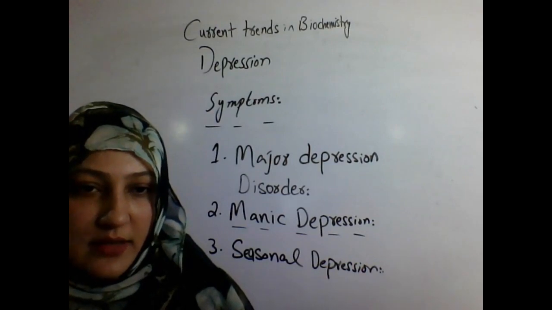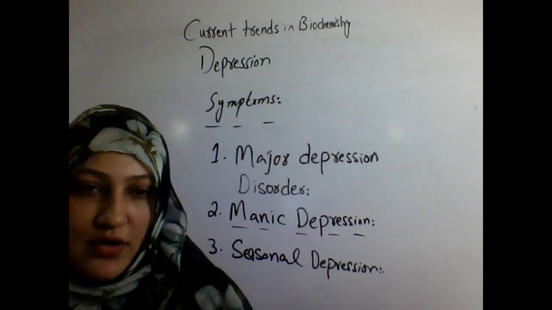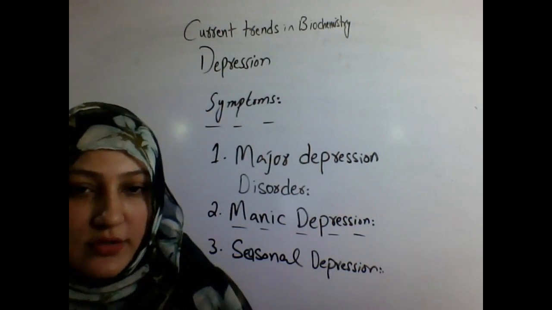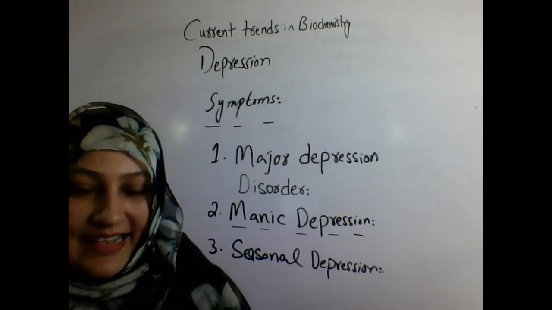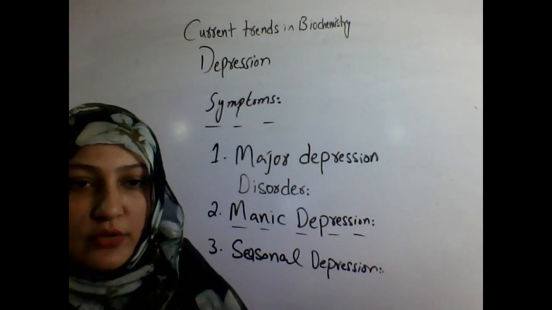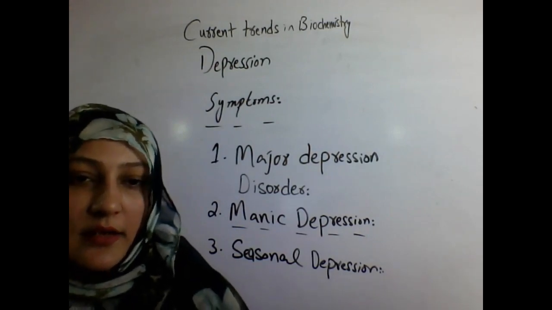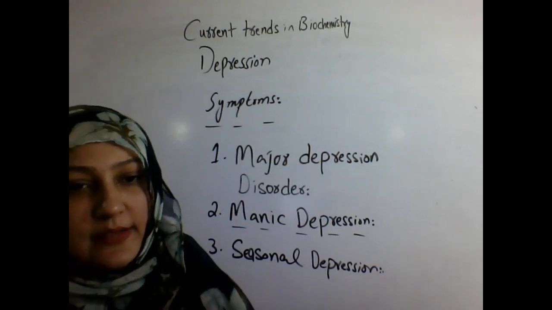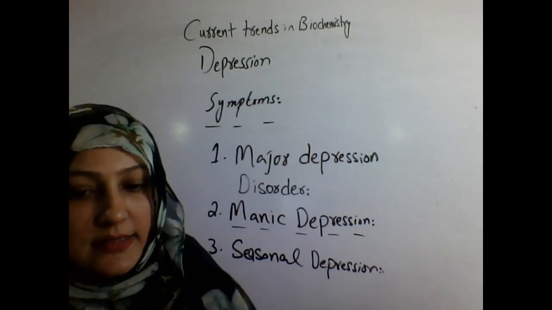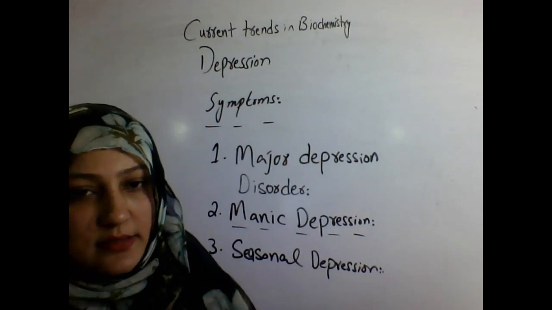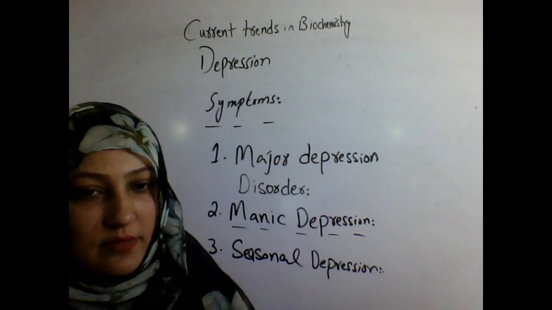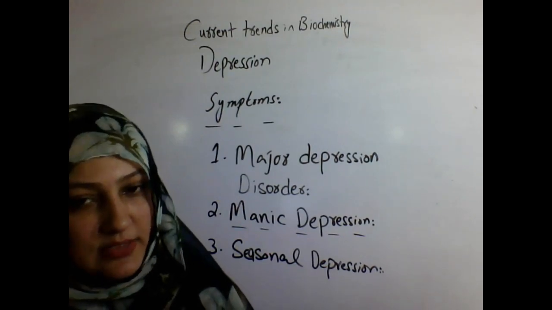In winter, when days are short and nights are long, people do not get a huge amount of light, so they feel depressive and sad in their mood, and this seasonal depression disorder lasts only for the winter period.